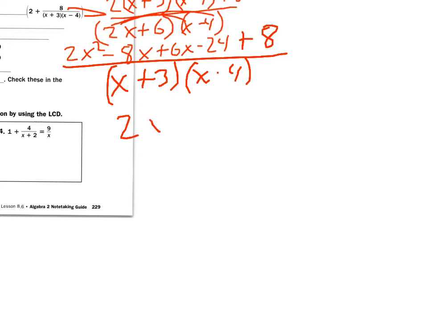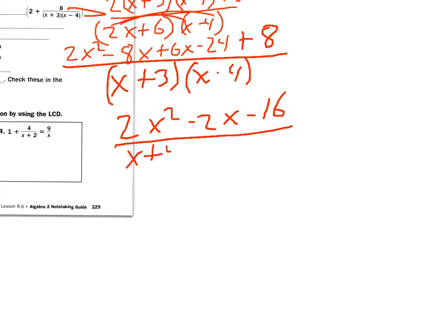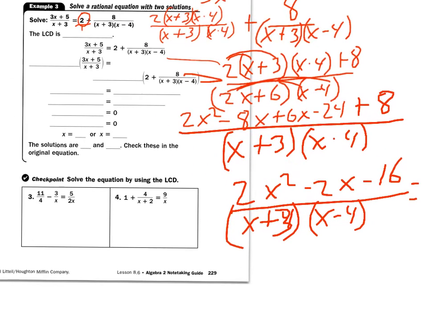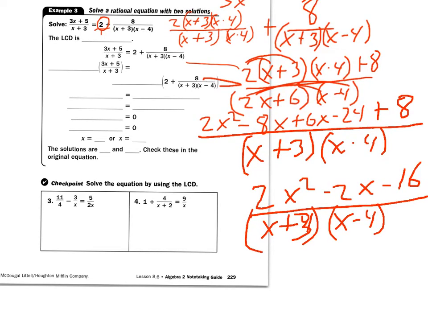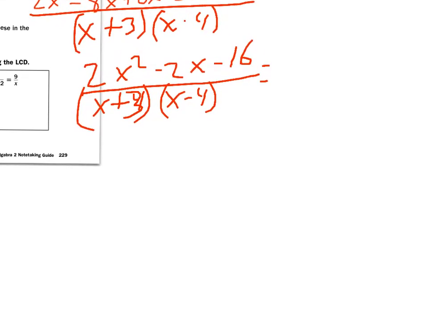Now I have 2x squared minus 2x, and then it looks like I'm going to have a minus 16 there, over x plus 3 and x minus 4. And that's going to equal that other side, which was 3x plus 5 over x plus 3.